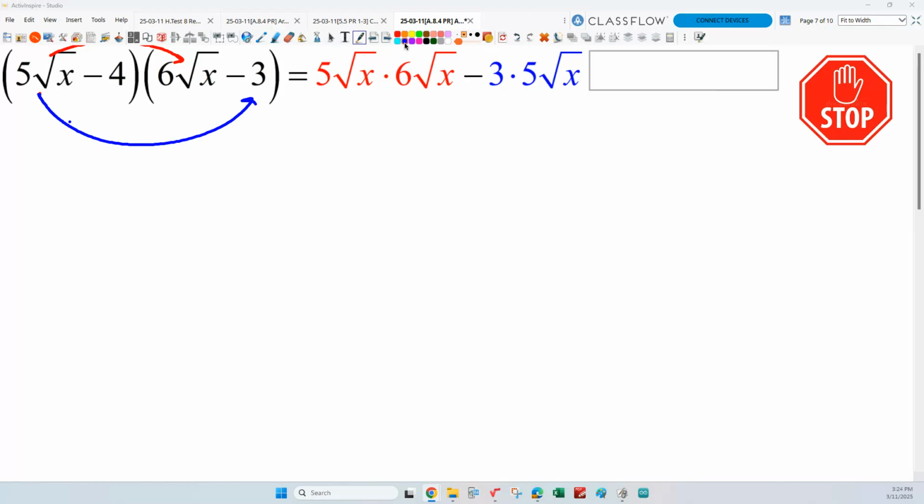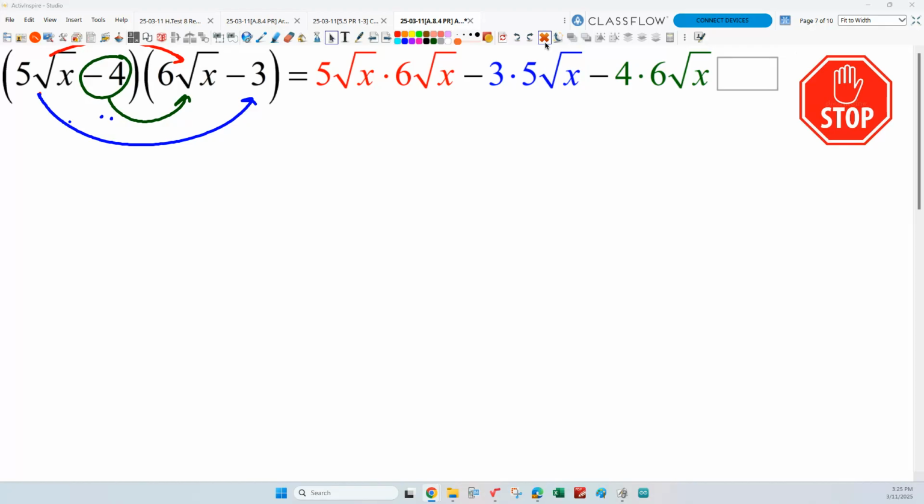Then what? Then we're going to distribute this negative 4 there, right? So I get negative 4 times 6 times the square root of x, right? And then finally, the last one's easy, right?